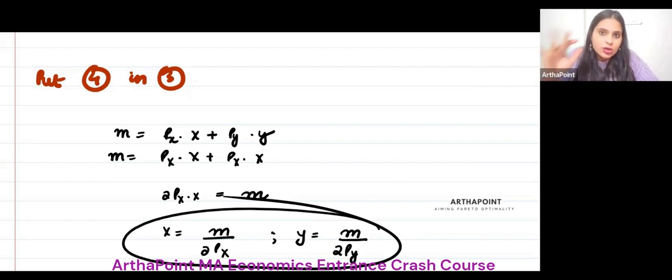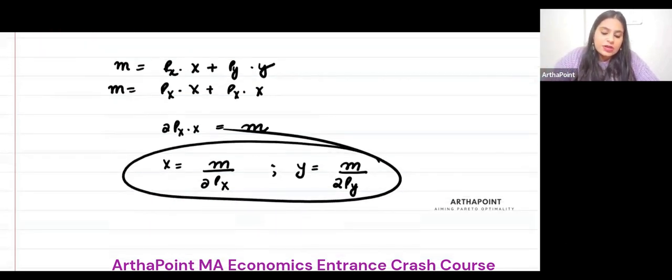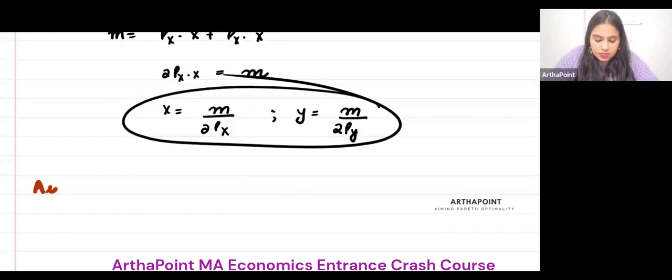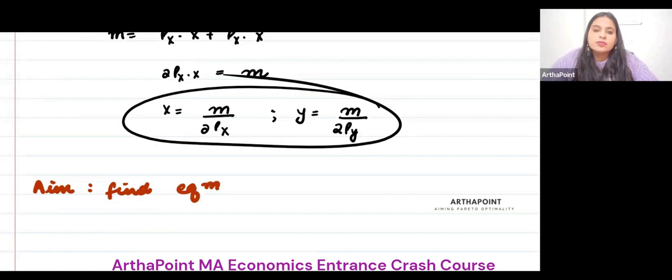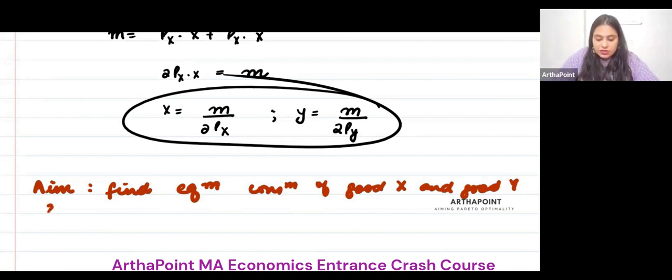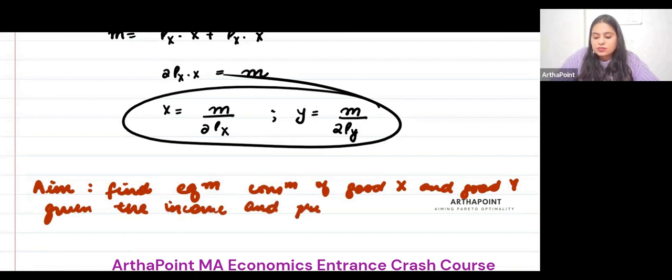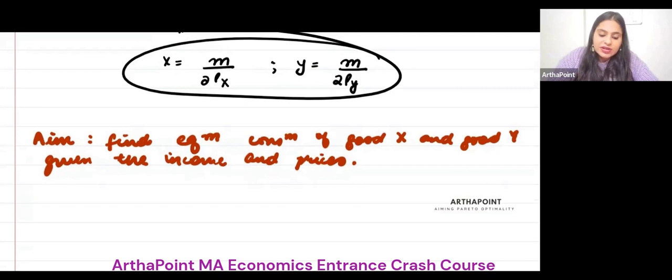So let's write down what we did in this class first of all. The aim was to find the equilibrium consumption of good X and good Y given the income and prices. The aim is to find what is X star and Y star. And how did we do it?